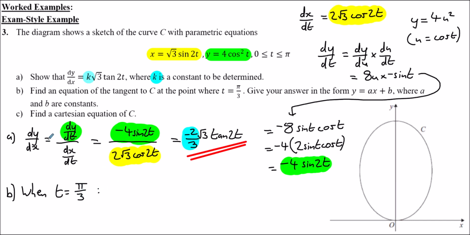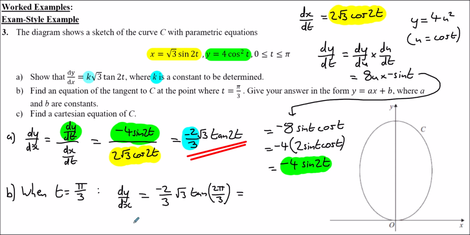Well, we can work out dy by dx for starters. So dy by dx is going to be minus 2 over 3 root 3 tan of 2t. So if t is pi over 3, 2t is going to be 2 pi over 3.